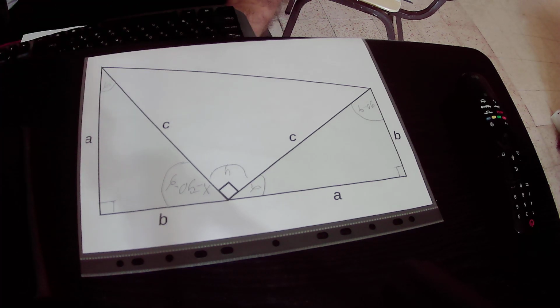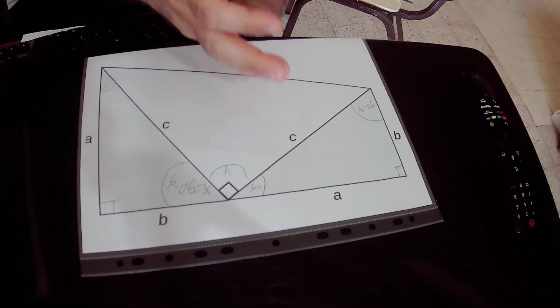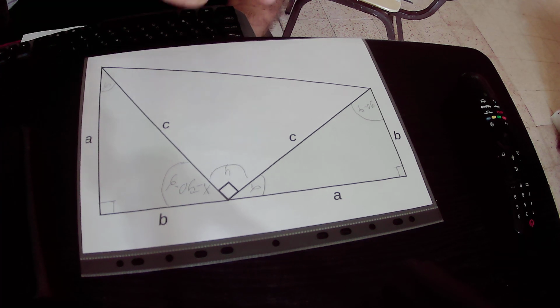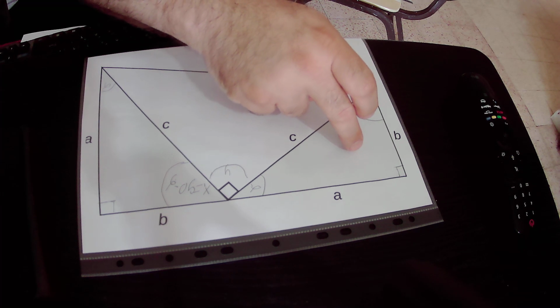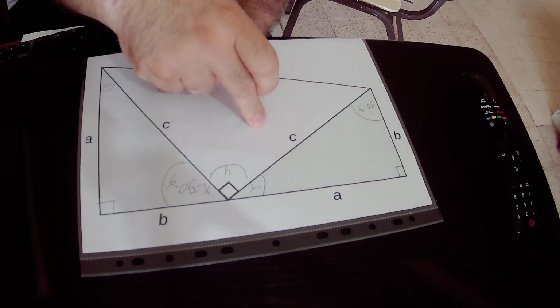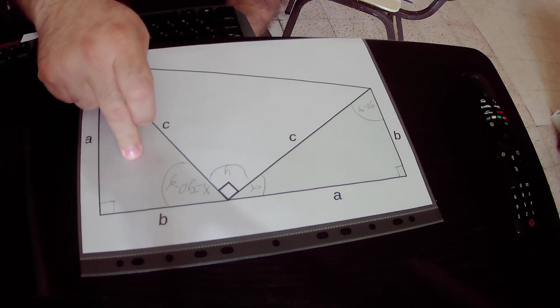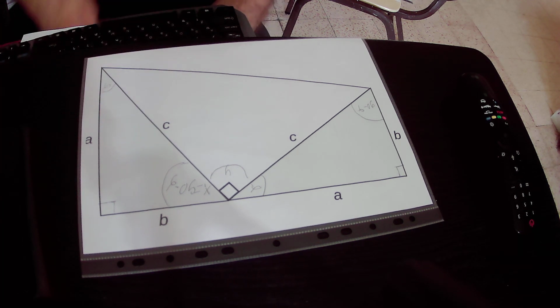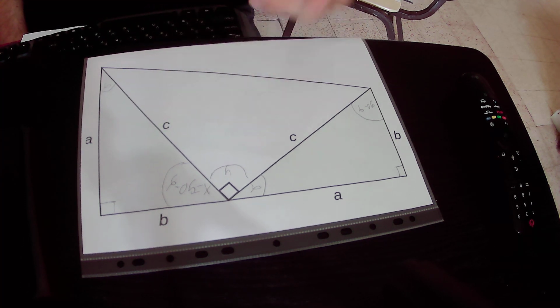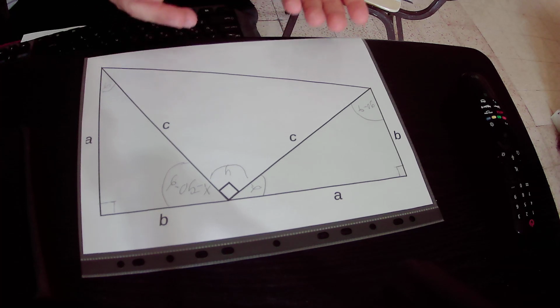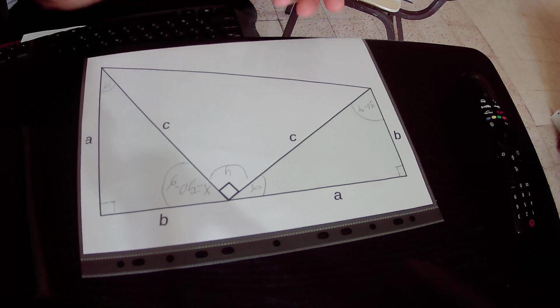And the second way we calculated the same area is the sum of the areas of the three triangles: this triangle plus this triangle plus this triangle, that is A times B divided by 2 plus A times B divided by 2 plus C squared divided by 2. So we can compare the two expressions, which are equal because it is the same area of the same trapeze.